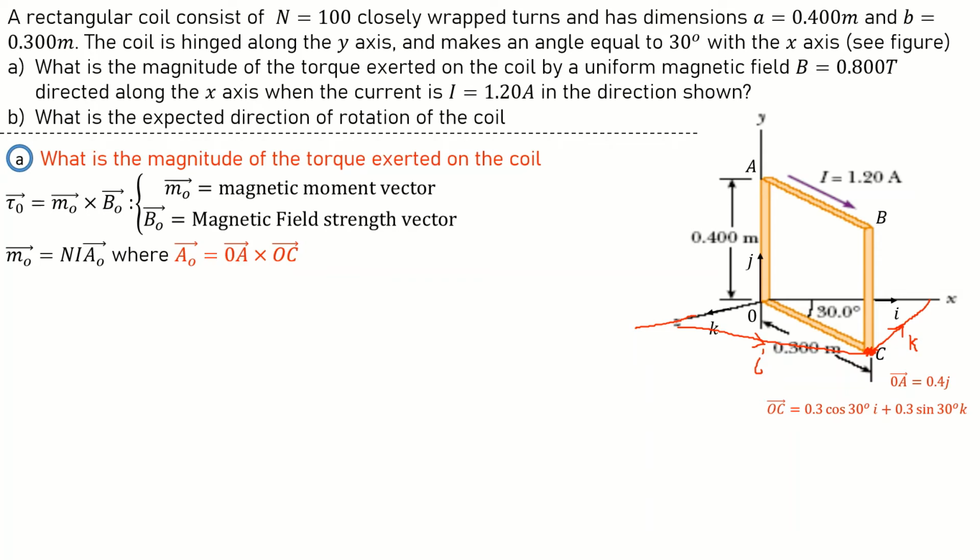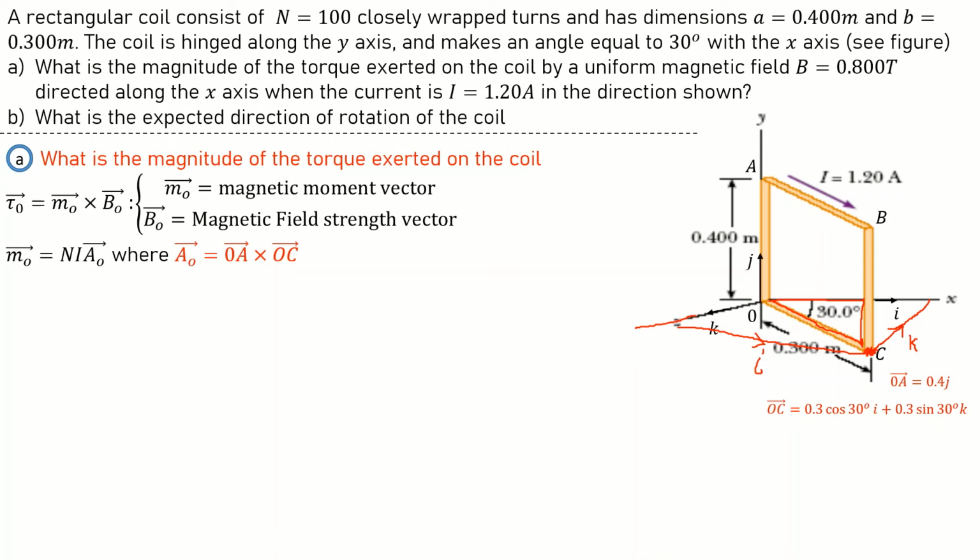We need this distance, which is the adjacent of this right angle triangle. So if we use the cosine of 30, we have adjacent on hypotenuse. The hypotenuse is 0.3. So we get this x coordinate to be 0.3 cosine 30. Now the direction is the i.